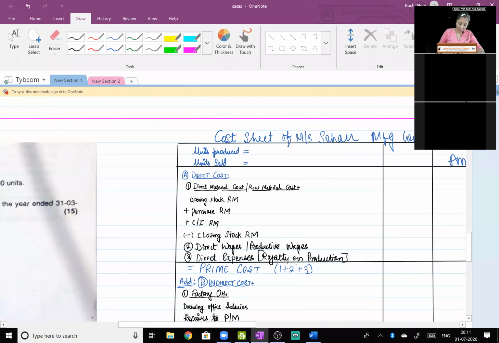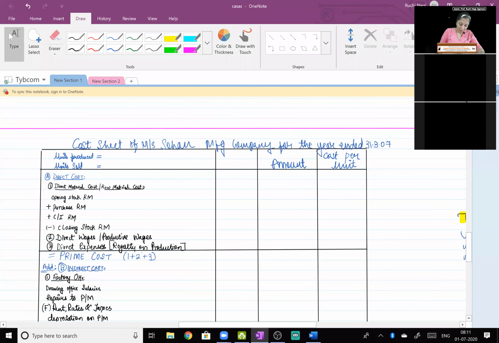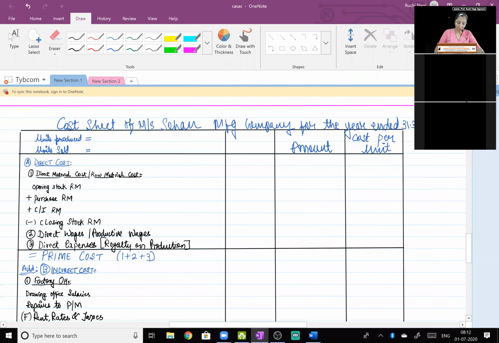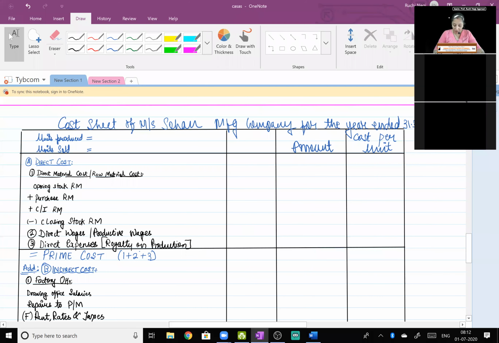Start. Make this cost sheet. I prefer making the amount in 2 columns so that there is clarity in calculation. You can even make 1 column for the amount, but I prefer making 2 columns. If you look into the screen, I have made 2 columns for amount, an inner column and an outer column.